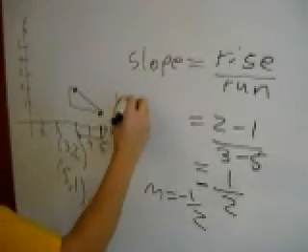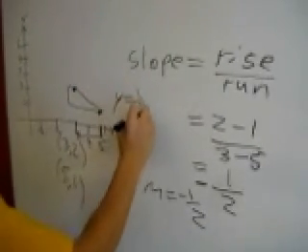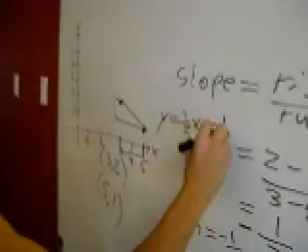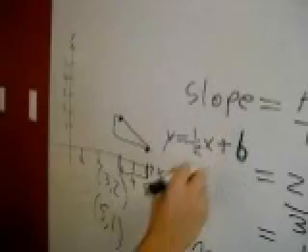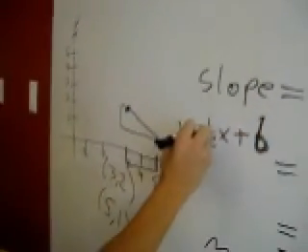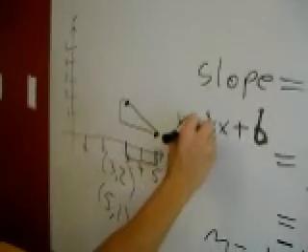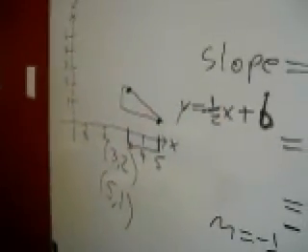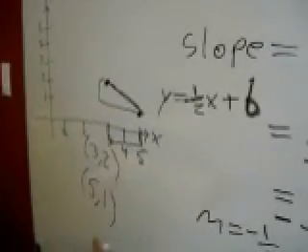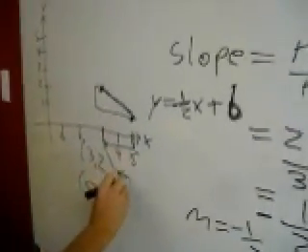So we got y equals negative 1/2 x plus b. Now, how are we going to solve for b? There are 2 different numbers that we could plug in. So we'll take this first point here.